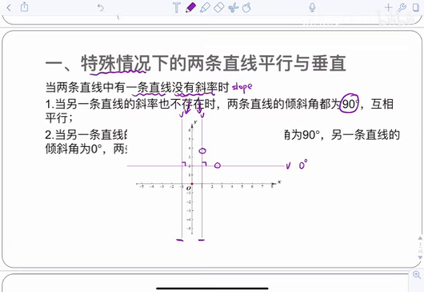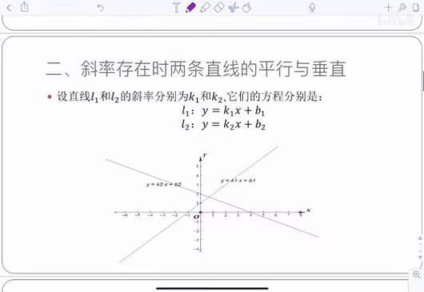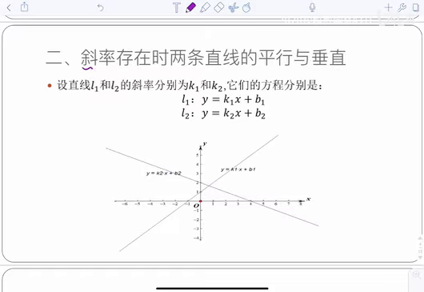So this is the special condition. So let's see the general case. 当斜率存在的时候 means when the slope exists. So let's see the two straight lines parallel or vertical.